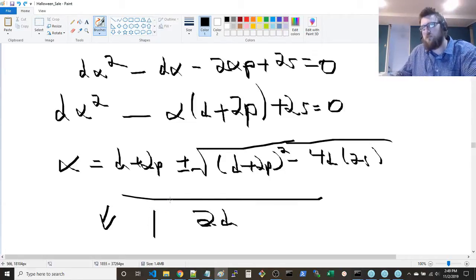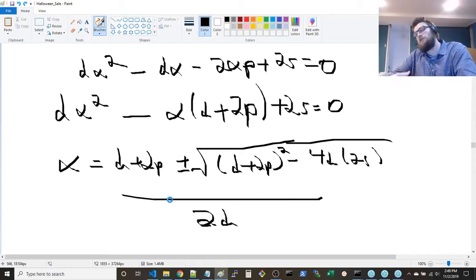The two values below and above. One of those two values is greater than 0, and that's what you're going to want for alpha.